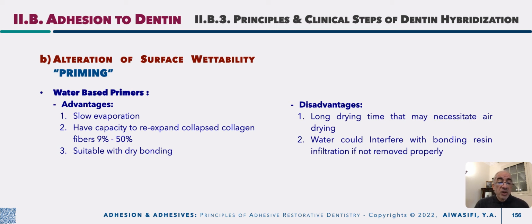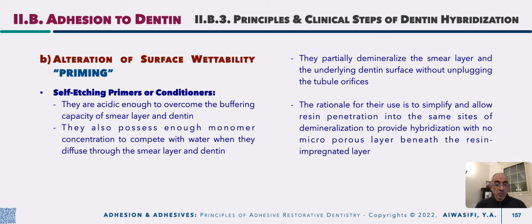That's our primer. Our researchers, in a trial to cover these problems of wet or dry, and at the same time to reduce the number of steps, combined two steps into one step.